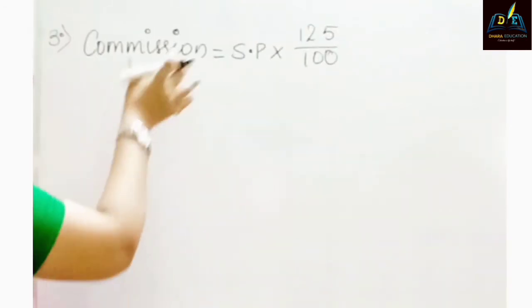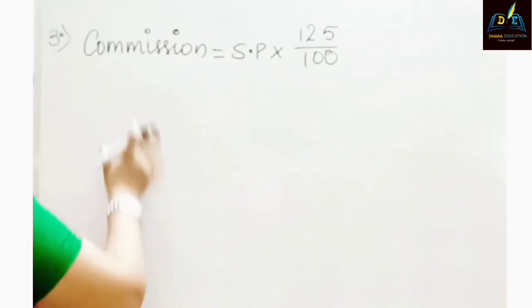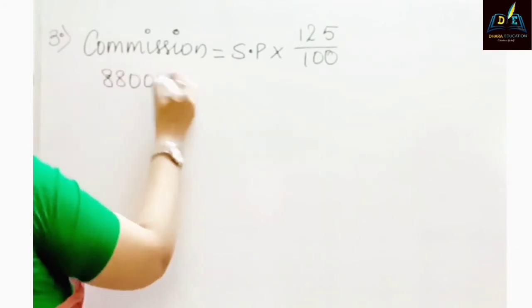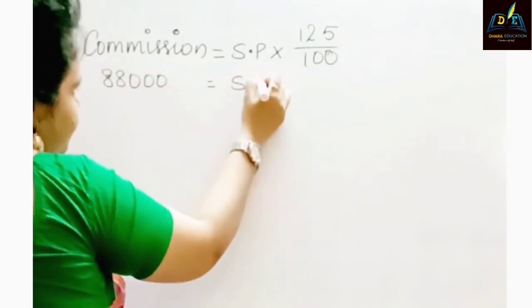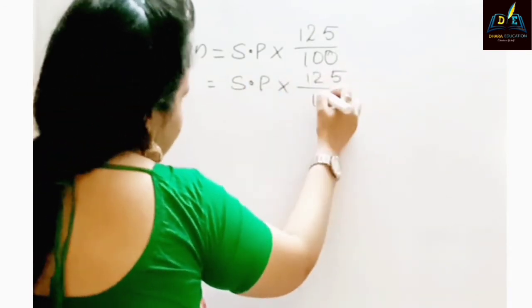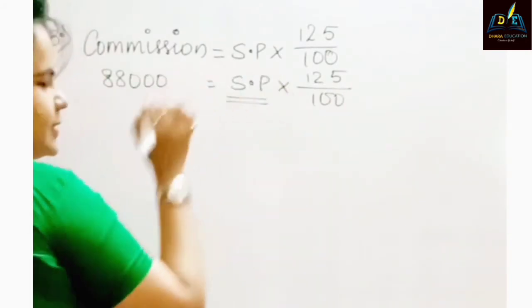Students, for your better understanding, let me expand the calculation. Commission is already given, that is 88,000. SP, that is selling price, we don't know. Rate is 12.5 upon 100. We need to find the selling price.